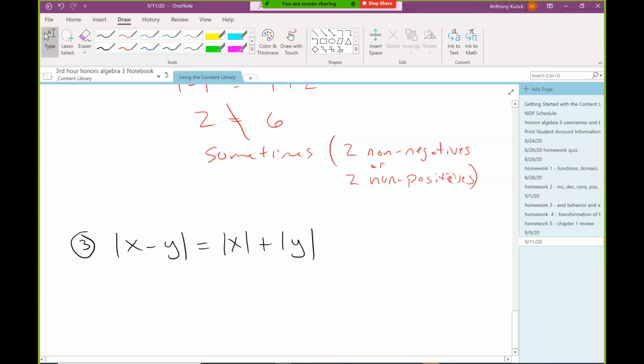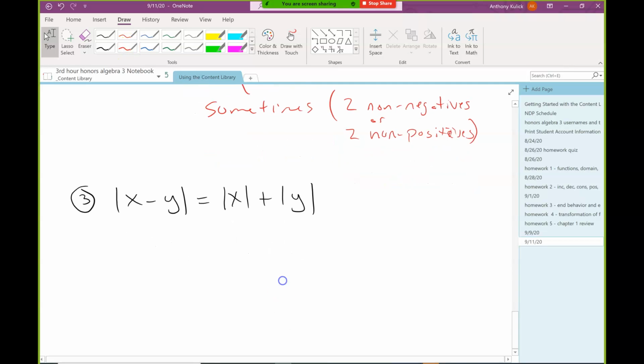How about this? What do you think? We think sometimes, it's a pretty narrow sometimes, but sure. Let's pick two values. Somebody an X? 16. Somebody a Y? -5.